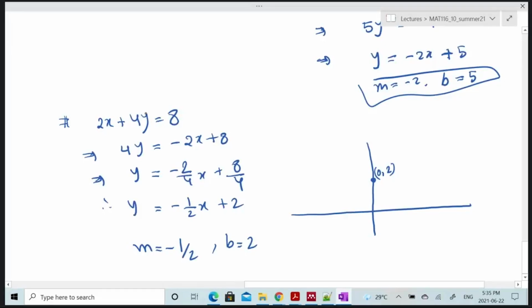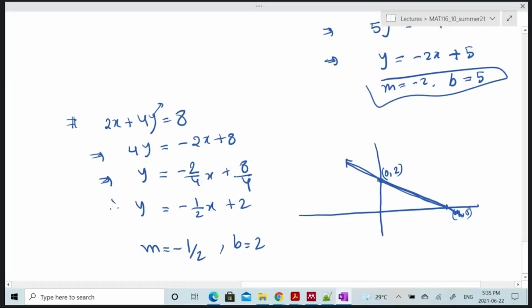For finding the x-intercept, you have to put y equal to 0. It's going to be 4 comma 0. So now just join it. And that's the graph of the equation.